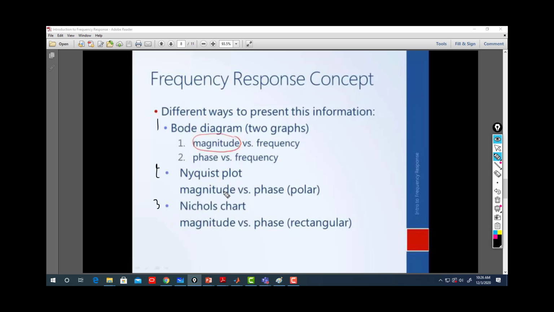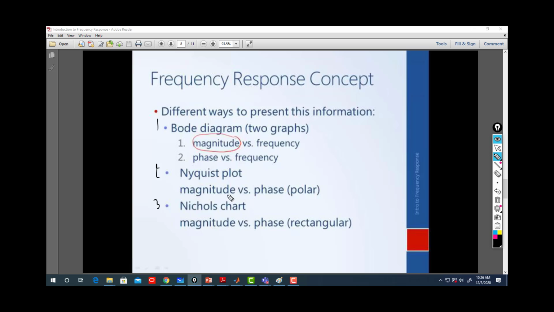So the Nyquist plot is basically magnitude versus phase. At the end, it's extracted from the Bode plot. Nyquist is another representation, because at the end you have magnitude and phase. But how to represent the magnitude and phase? Here you represent them in two different graphs, which is good for control.